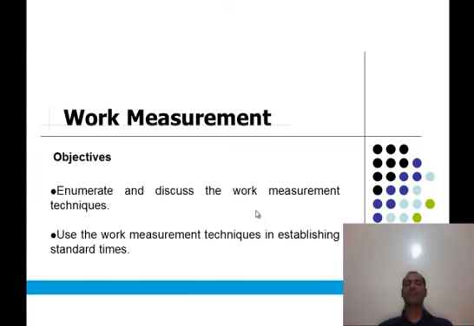The objectives are to enumerate and discuss the work measurement techniques, and use them in establishing standard times.